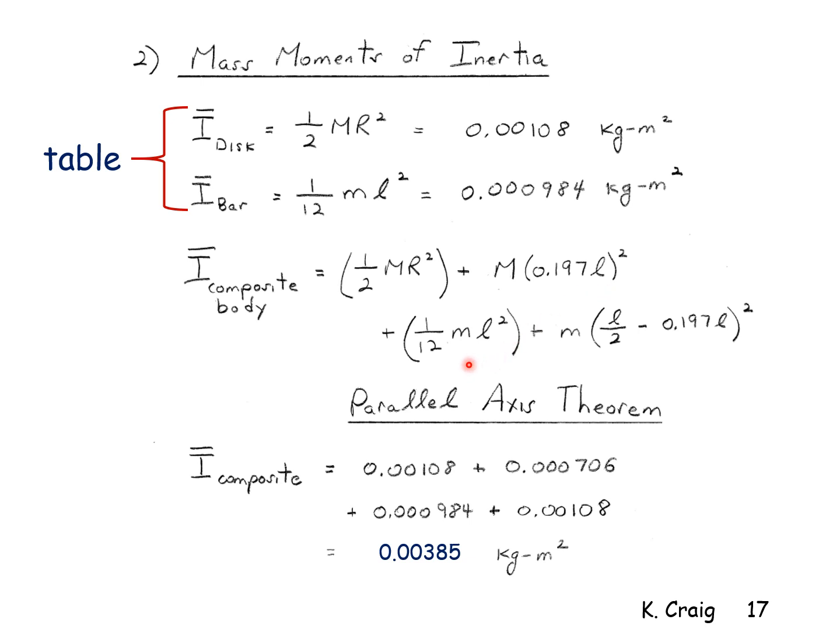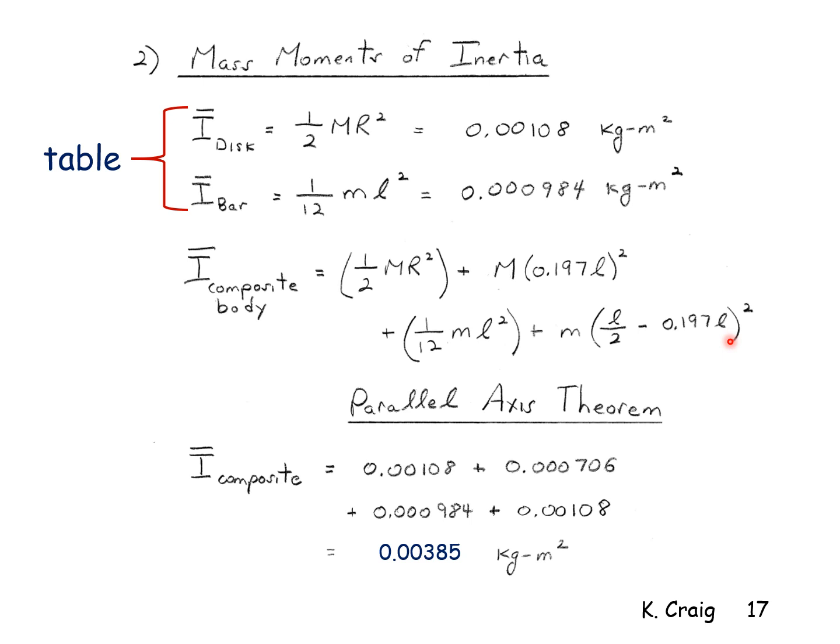If I do that for the bar, it's the mass moment of inertia of the bar with respect to its own center of mass and the z-axis through that point, plus m times the distance between the two axes, the z-axis through the composite center of mass and the z-axis through the center of mass of the bar, which is L over 2 minus 0.197 L, and I square that.